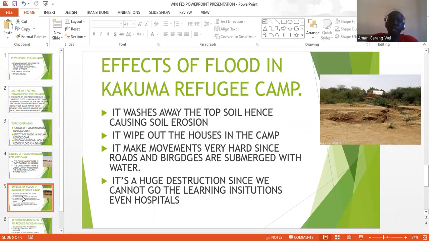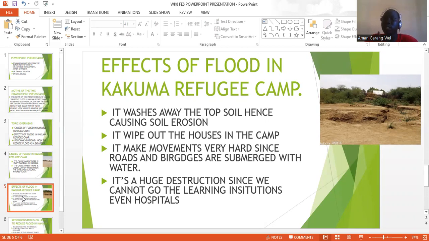It makes movement very hard since roads and bridges are sometimes marked by the water. For example, when you are trying to go to school, you might find in the morning that the rivers are overflowing, and you have never seen the rain falling in Kakuma, and you will be wondering how this is possible.